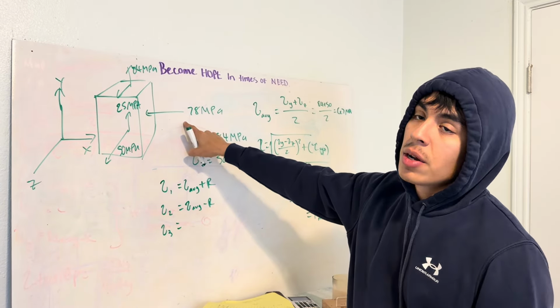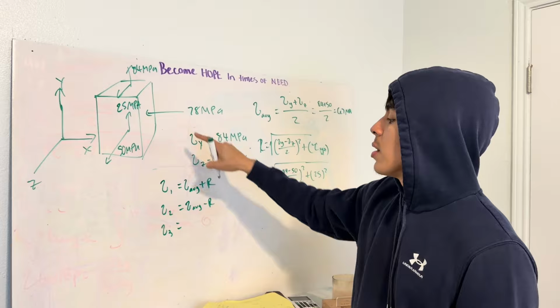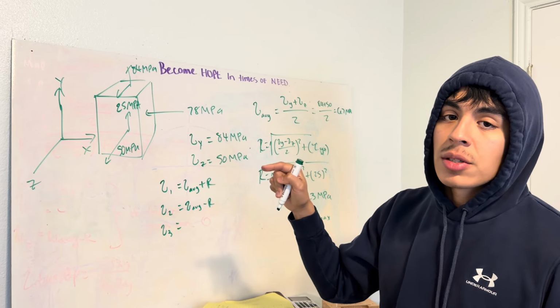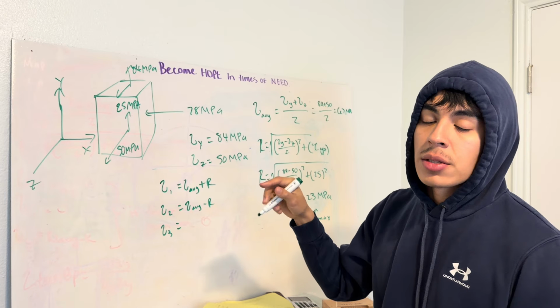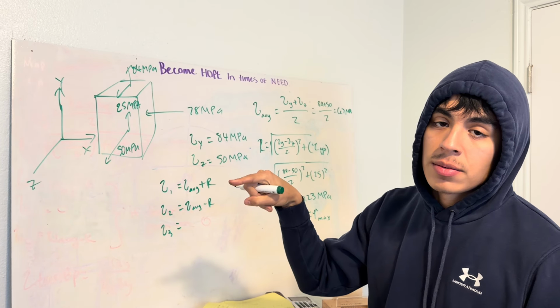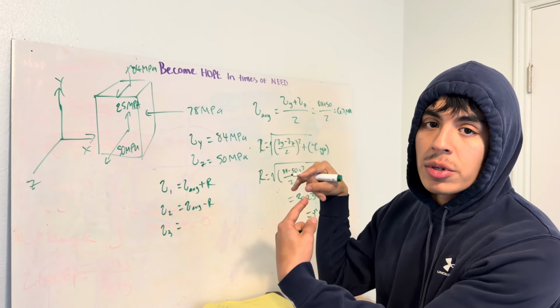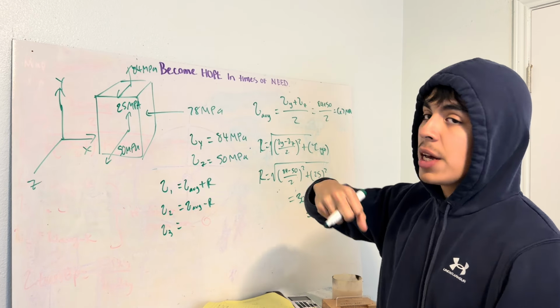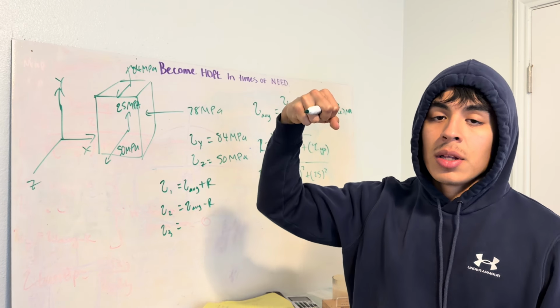this force right here. The reason why this is that force is because compressive stresses act in what direction? Negative, right? Those are a negative force. And whenever it's tensile, when it's pulling, that's positive.